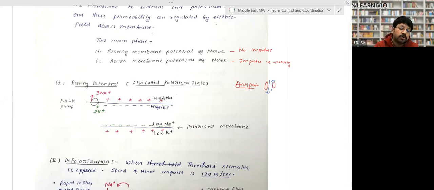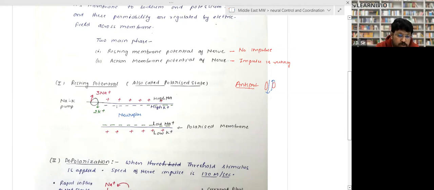So what does this pump do in general condition? This is a neuron, and inside the neuron is the neuroplasm, right? These antiports pump out 3 sodium ions and pump in 2 potassium ions. So there is more positive charge on the outer side. That's why the outer side of the membrane will have positive charge, and inside the membrane will be negative.